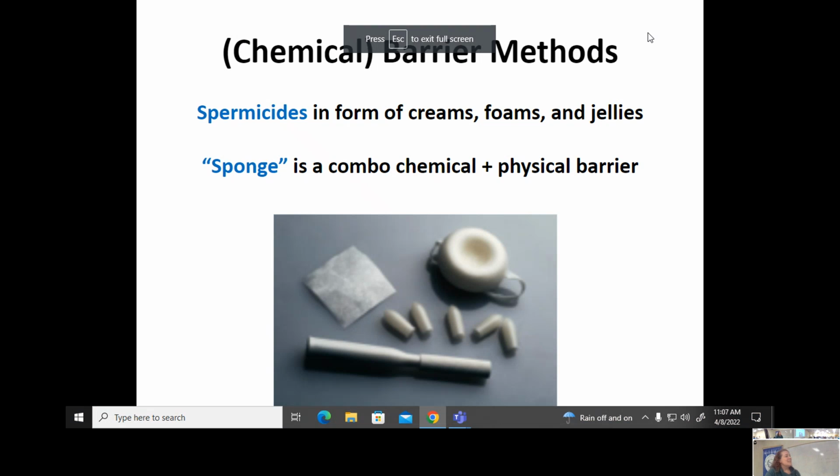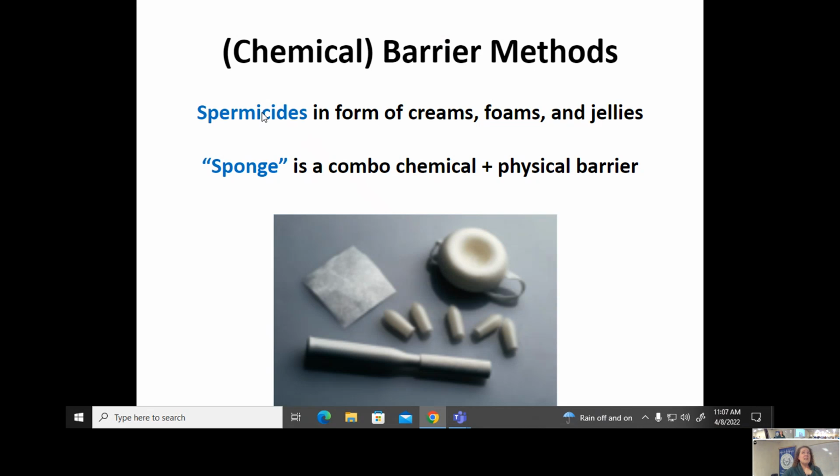There we go. Okay. So another type of barrier that's not a physical block, but a chemical blockade, is a category called spermicides. These are sperm killers or sperm chemicals that block sperm movement at the very least.